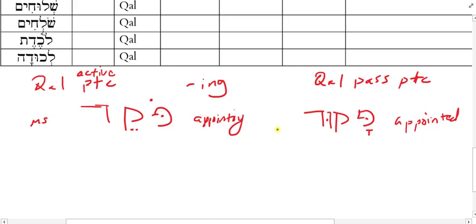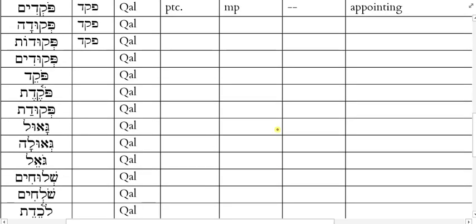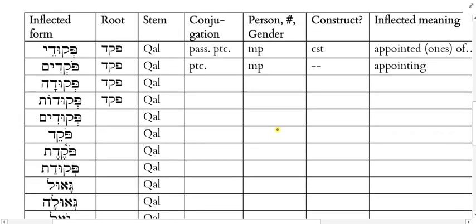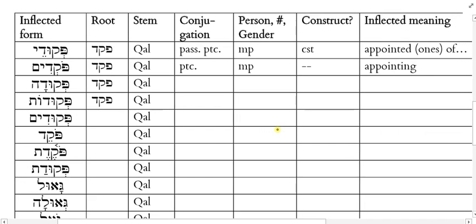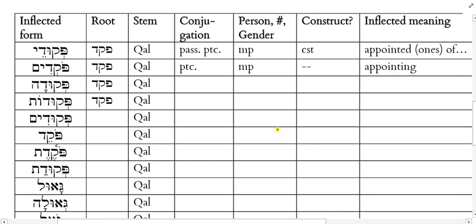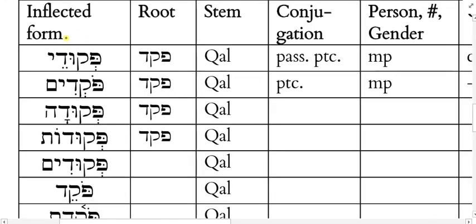So let's take a look at these items in our drill sheet, and let's just start working through them. I give you the first one, pequde. You can identify the first thing we need, which are the three root letters, right? Paqad. That's easy.